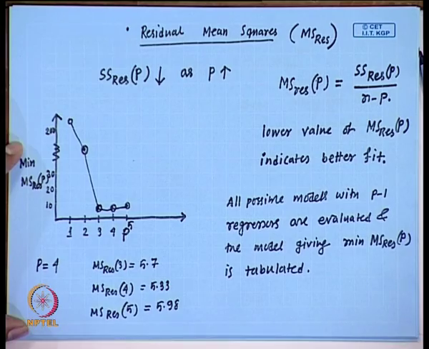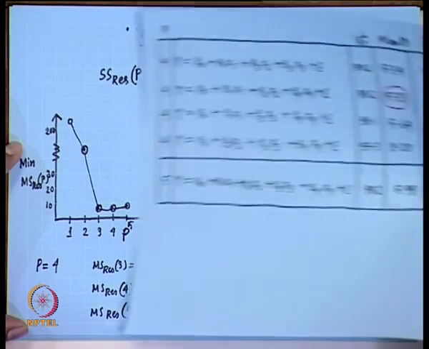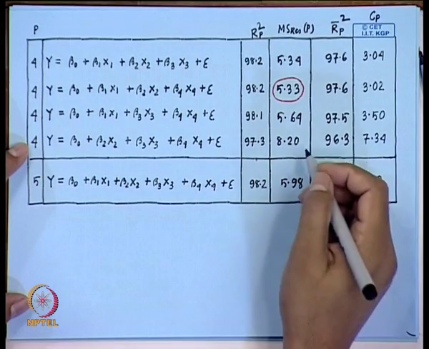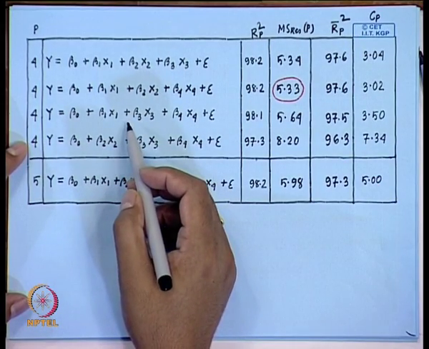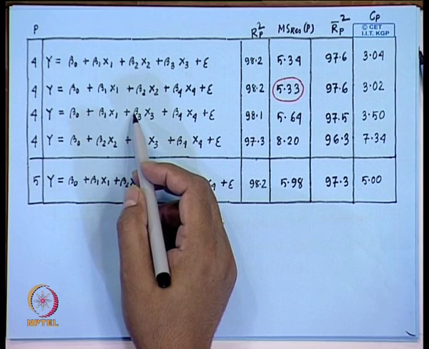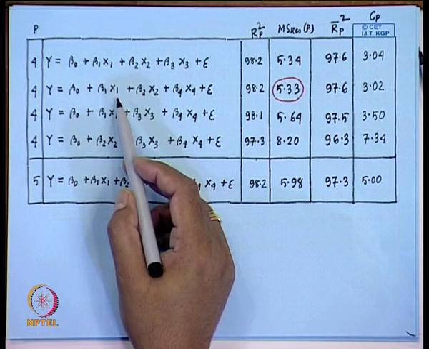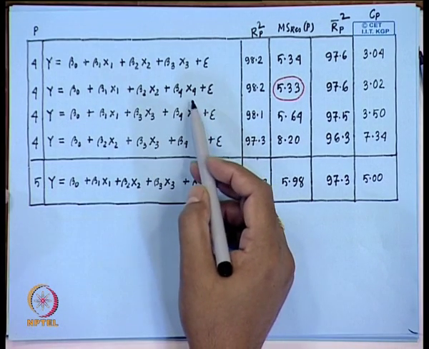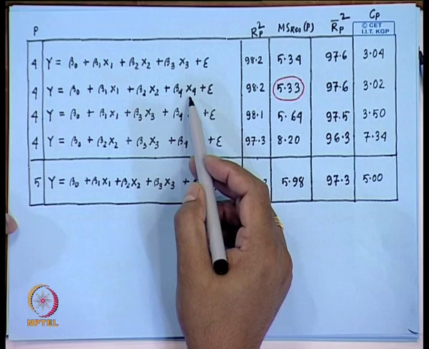The meaning of this one is that this MS residual criterion suggests that you go for the model involving the regressors x1, x2, x4.